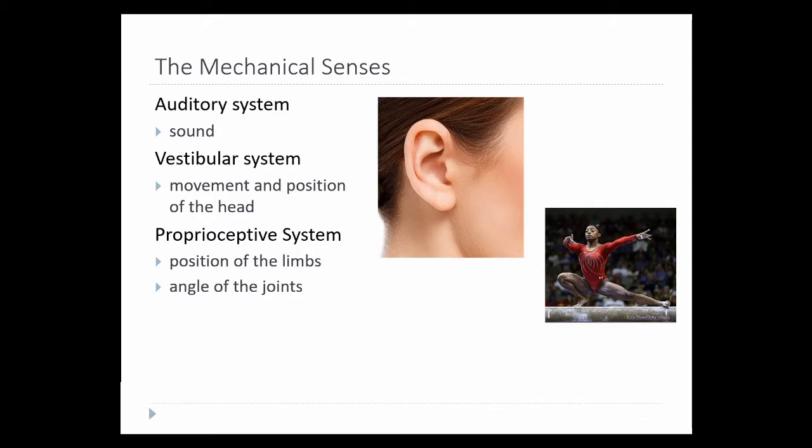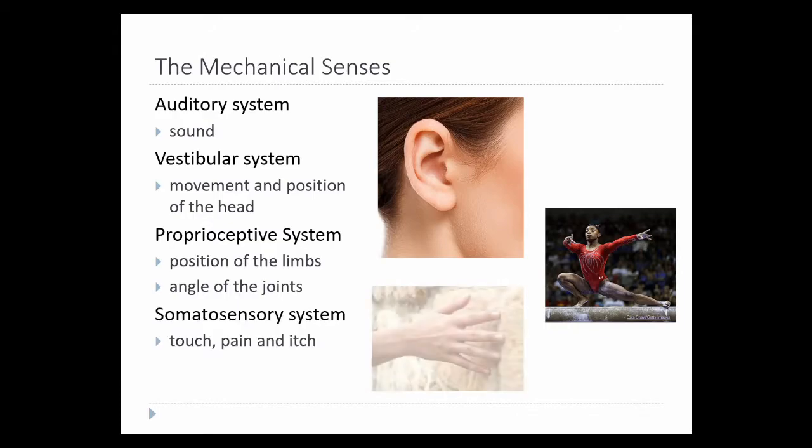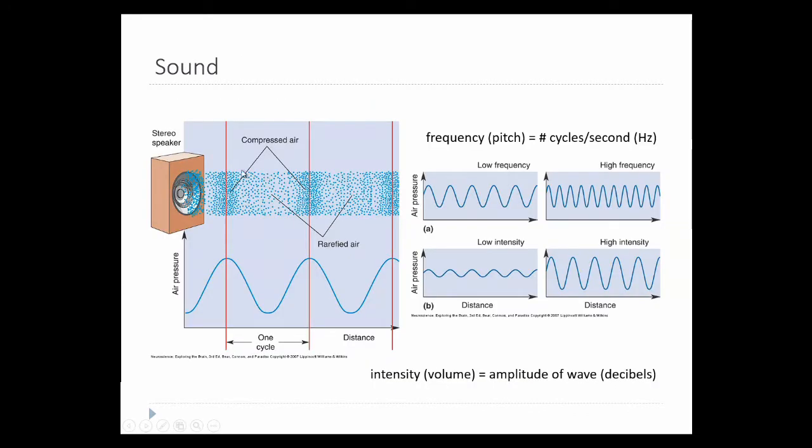So it involves measuring the tension of muscles and the angle of joints, etc. And then in the next chapter, actually, we'll talk about the somatosensory system. For the most part, this is your sense of touch, but it also includes pain and itch. But touch, of course, is a mechanical sense because you're talking about physical force against the skin. But for now, let's talk about sound.